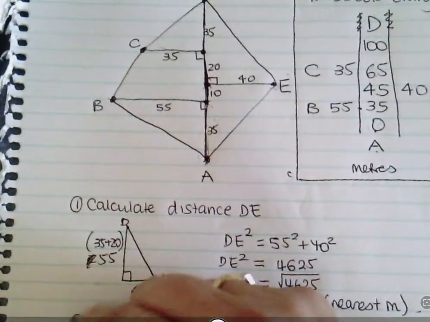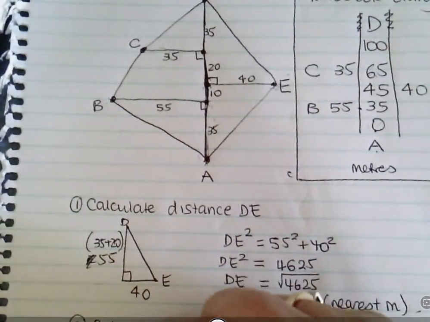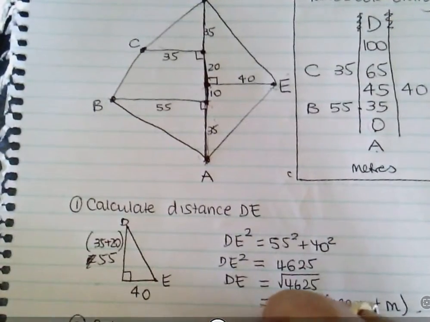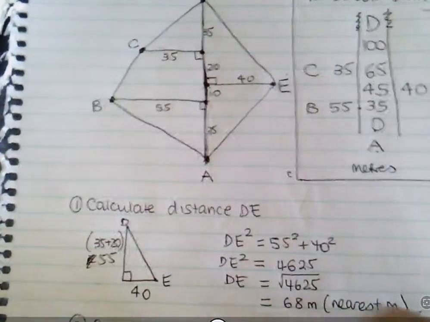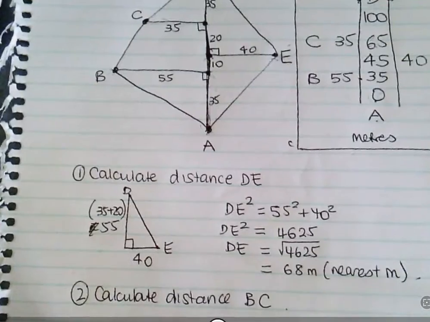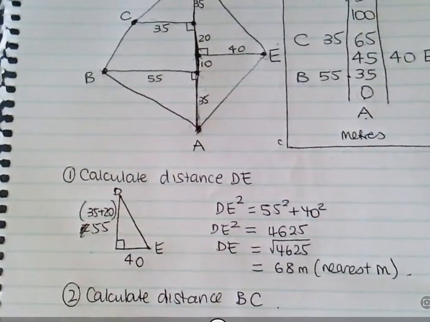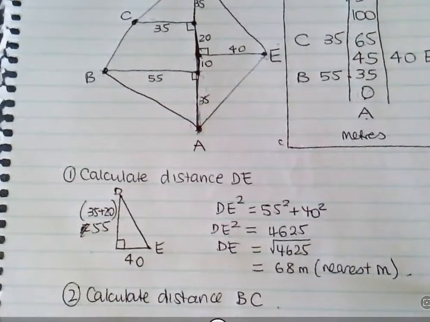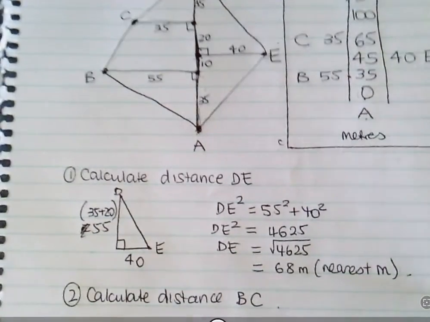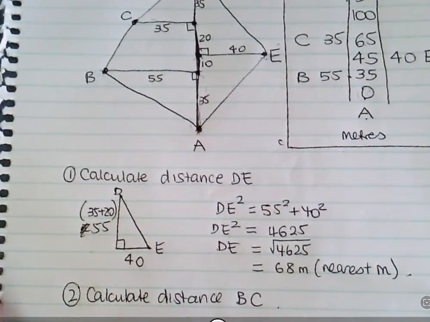The next one I want to do is to calculate the distance BC. So what I've got to do, I can only do it if it's in a right angle triangle. So calculate the distance BC. I can draw the shape that it's coming from, and I will.